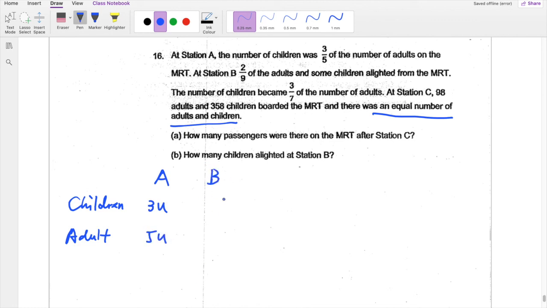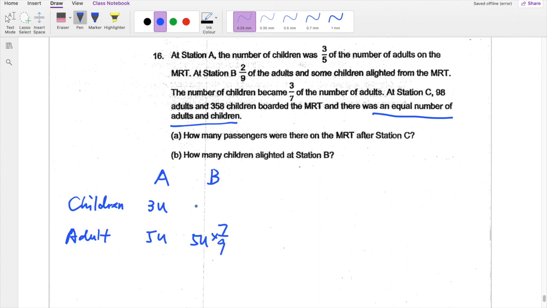When we come to station B, right? 2/9 of the adults and some children alight. So the adults, after some leave, right, will only have 7/9 of the 5U staying here because 2/9 already left.